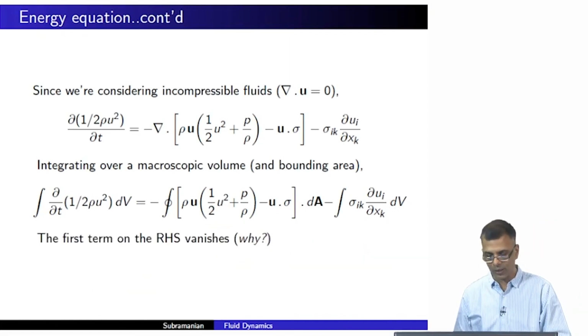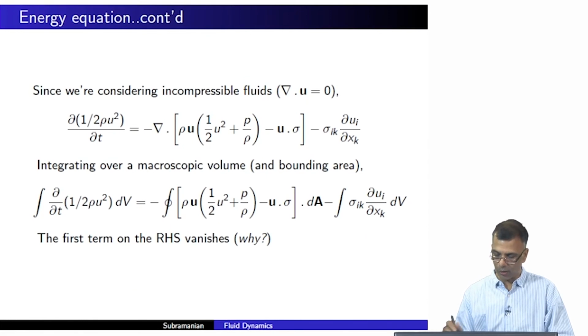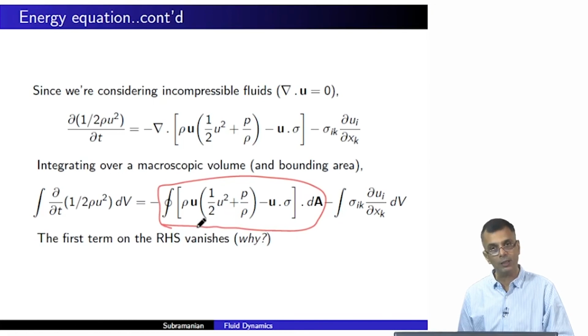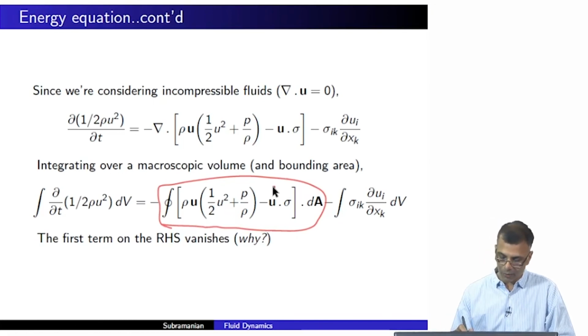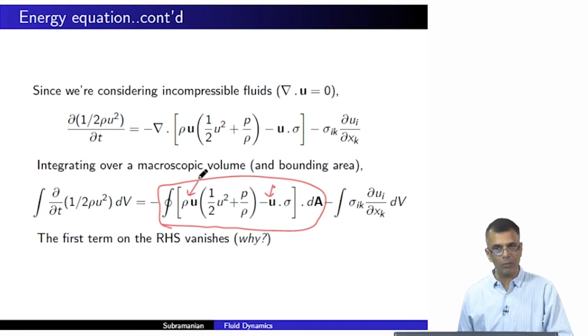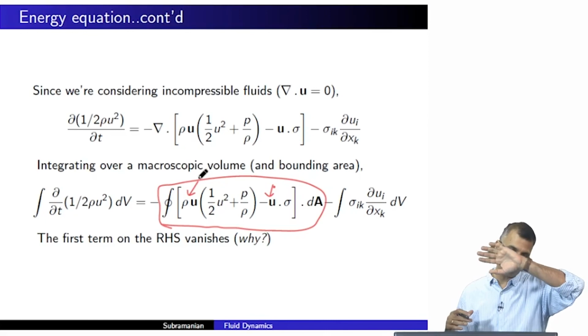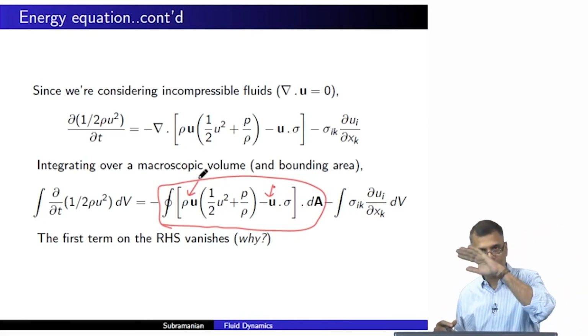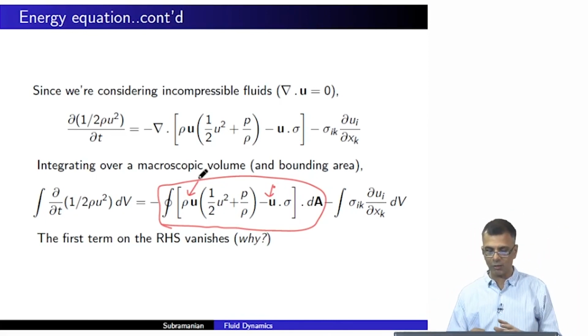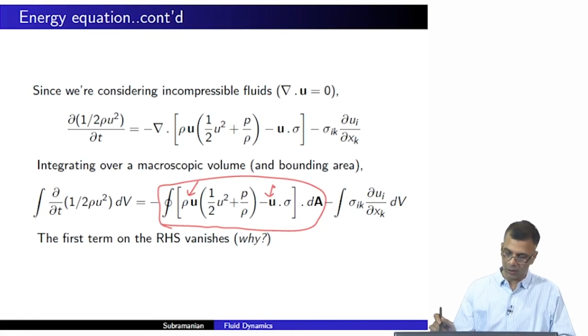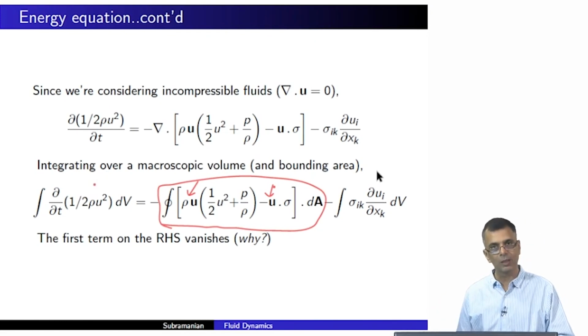And as a consequence of that, I am allowed to throw this entire thing away. This entire thing vanishes. Why is that? Notice that we have a u here, and for any well-behaved flow, you assume that the velocity of the flow vanishes at infinity. So you're integrating only over the surface at infinity, and the u essentially vanishes, so that allows me to throw this entire thing away, so that I'm only left with this term and this term.